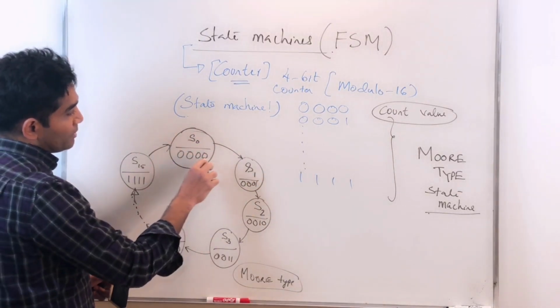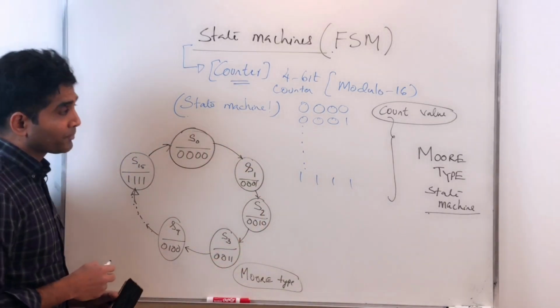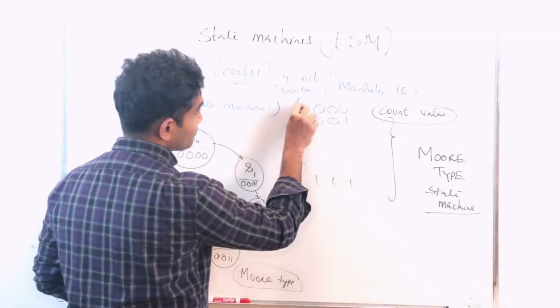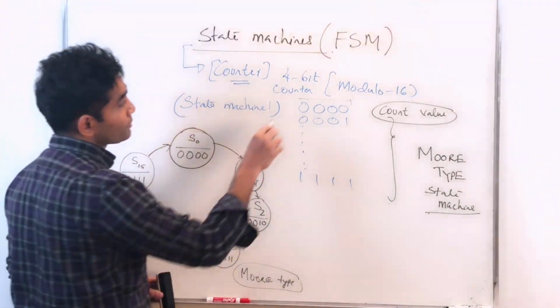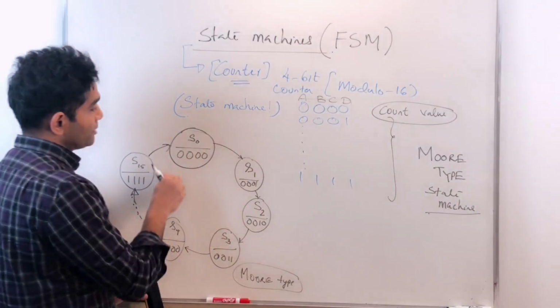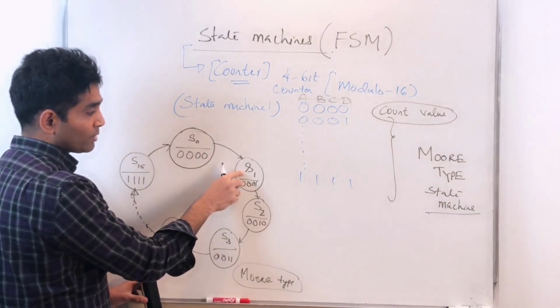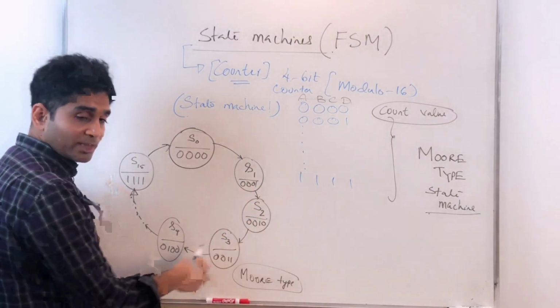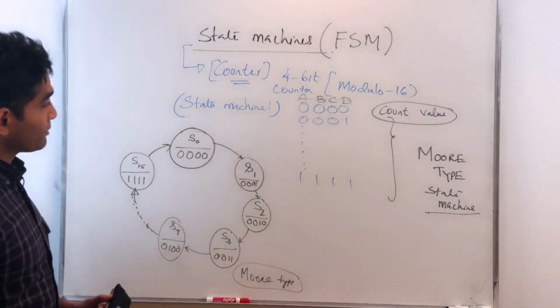So I encode each state. Again, I have 16 different states, which means I have to have at least 4 state variables. So I encode them in these state variables A, B, C, D. That's the encoding for the S0 state, the encoding for the S1 state, the encoding for the S2 state, and so on. Now, once you have the state diagram, the rest of the process is pretty straightforward.